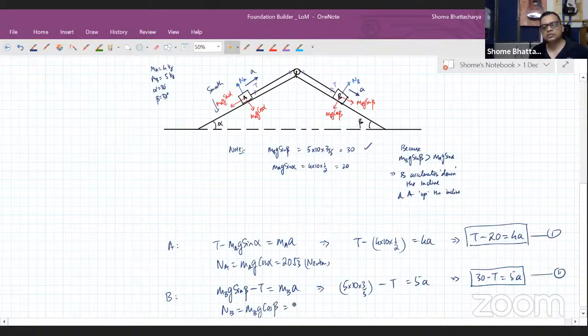But nonetheless, okay. Now you solve these two equations, then you will get the acceleration as 10 by 9. Yes, Hitanshu, that's correct, or 1.11 meters per second square.